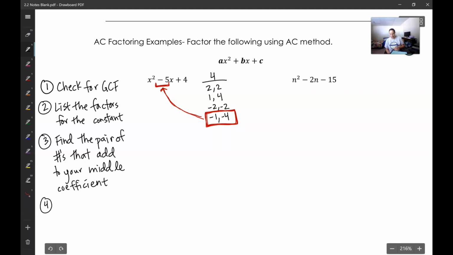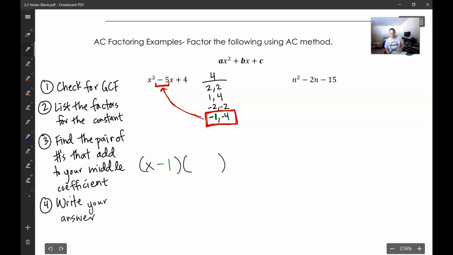Step 4, and here's the awesome part of this shortcut, is now we just need to write your answer. So here's the cool part of this shortcut, is I can now factor this out to 2 parentheses worth. The first one is going to be x minus 1.